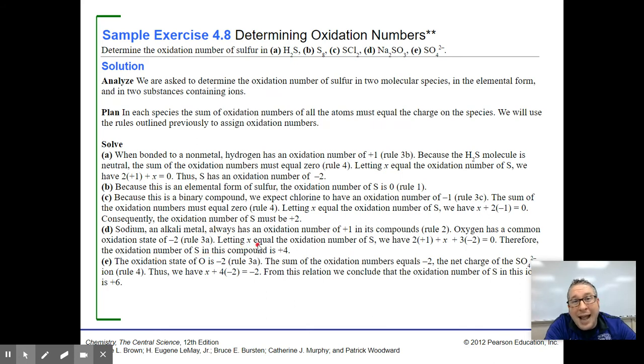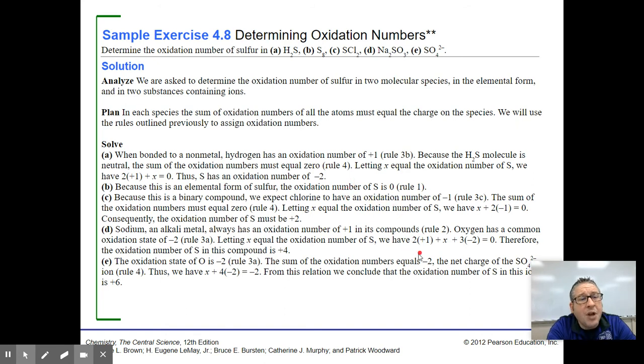And so again, letting X equal sulfur, we have 2 times +1, from the subscript of 2 on Na, plus X, plus 3 times -2. That 3 came from the subscript of the O here. So you split apart your polyatomic ions into their individual components in order to solve for oxidation numbers.